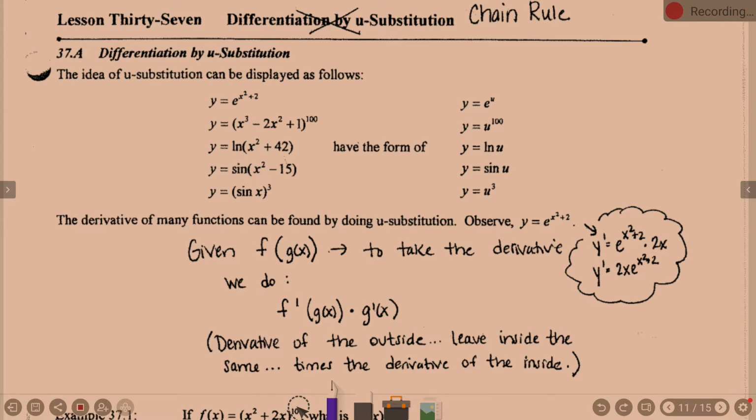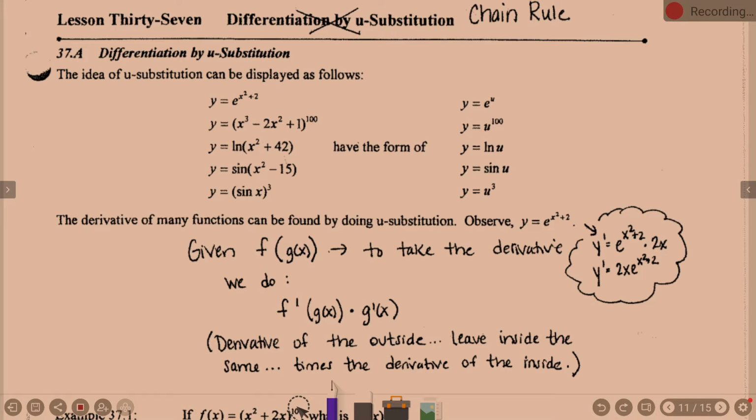Okay? This one, natural log of something. So we know the derivative of natural log of u, right? And we can find the derivative of that something inside. We often see this with sine, with our trig functions. So sine of something, so we could think sine of u. We can find the derivative of sine of u. We can find the derivative of x squared minus 15.